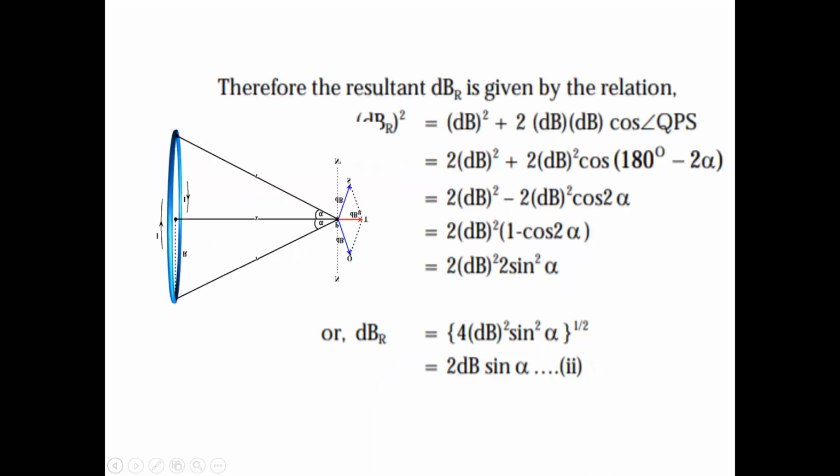The length is taken as 0 to pi r. So the limits of the circle are taken as 0 to pi r. So clearly the B expression is obtained from dBr equal to 2 dB sin alpha.